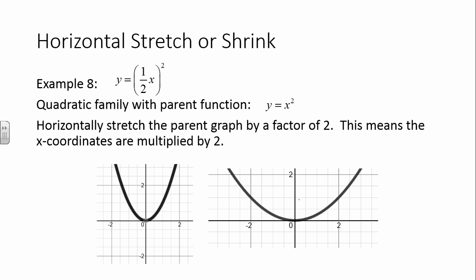So multiplying horizontally, the x-coordinate is changing. Again, if I were to square it first, just to simplify it, y equals a fourth of x squared, then it would look like a vertical compression by a factor of a fourth. So now if you go back and look at the picture, if I go over 1 up a fourth, that looks about right. Keep in mind our scale here on the y-axis and x-axis.